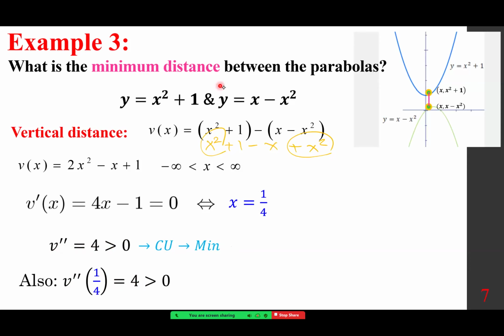What is the minimum distance? You have to plug into the v function. Absolute minimum is v of 1/4. So let's plug in, and we can plug it into this or the simplified version of it. Plug it into this: 2 times 1/4 squared minus 1/4 plus 1.